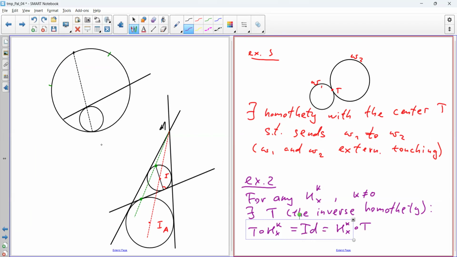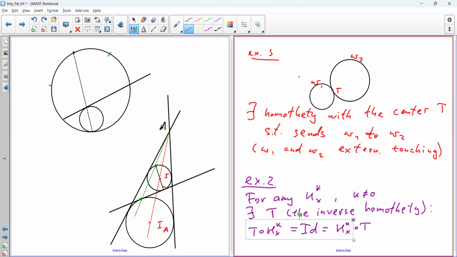What does it mean technically? That means that there is some homothety, for example, here we have a homothety. We do it, and the inverse homothety applied after will just reverse the whole process. So after the first homothety, omega 1 goes to omega 2, but the second homothety will bring omega 2 back to omega 1, and vice versa.